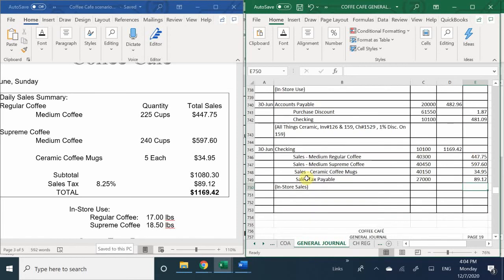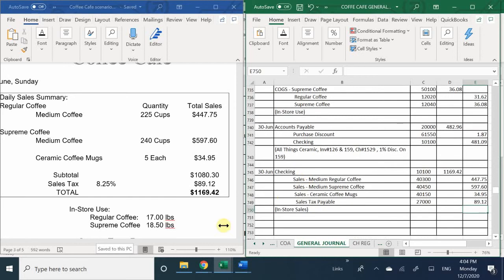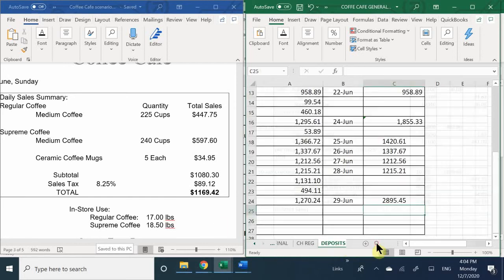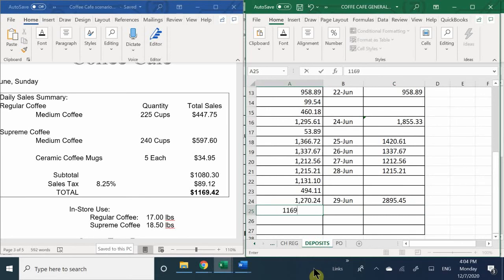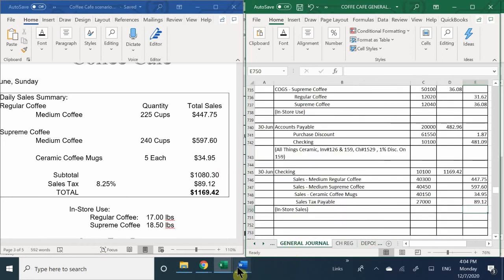Okay. So we're going to go to our deposits. Deposits, $1,169.42 on 6/30. And then we're going to go to our ledger, to our checking, record our deposit, 6/30.